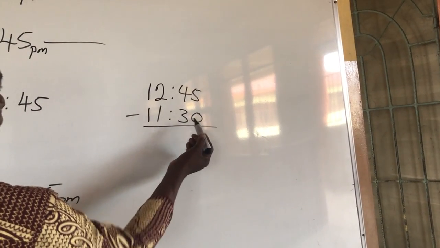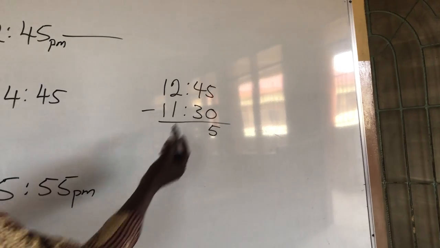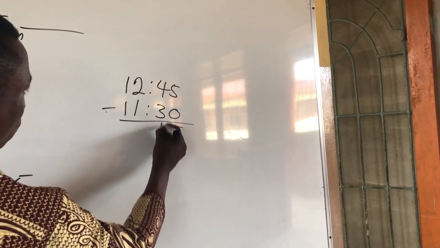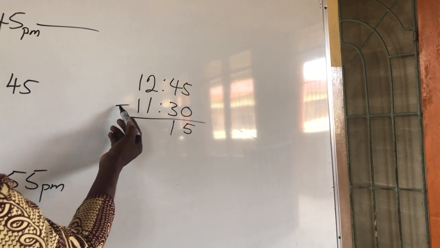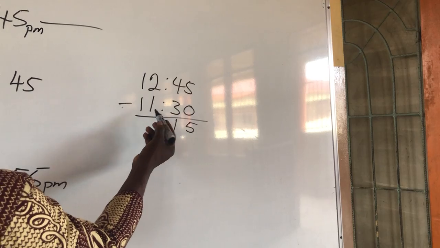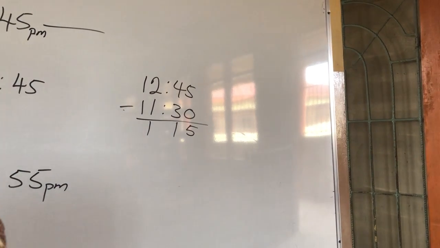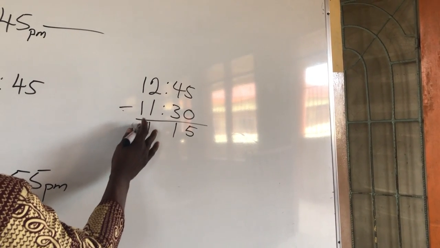5 minus 0 should be what? 5. 4 minus 3 should be what? 1. Alright. 2 minus 1 is what? 1. 1 minus 1 will be what? 0. You can decide to write your 0 or leave it.